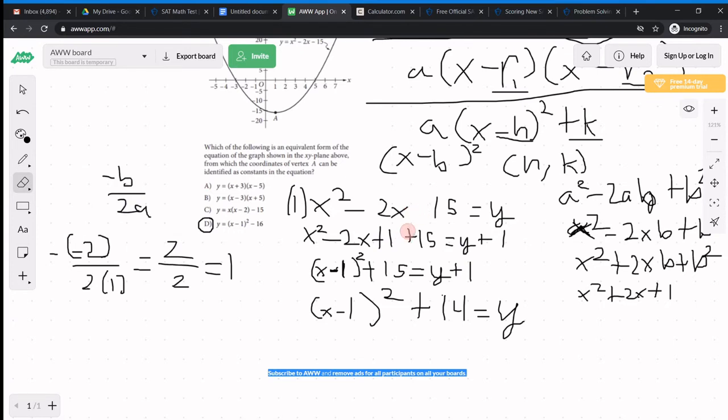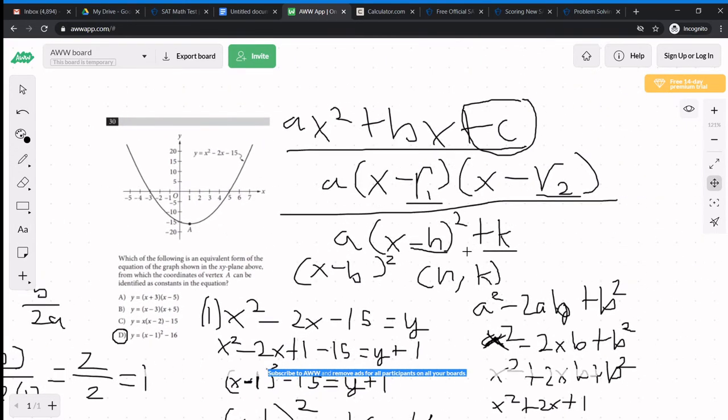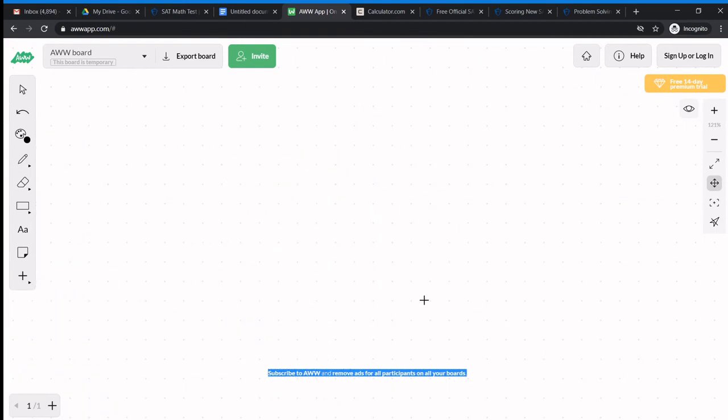Let's change all these pluses to minuses. Minus, minus, minus. And now when we subtract, it'll be negative 16, which is the answer that we have here. So that's how you complete the square normally and figure out what vertex form is. Let's move on to the next problem.